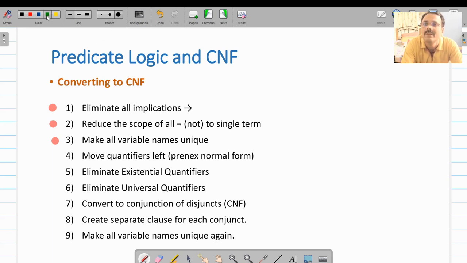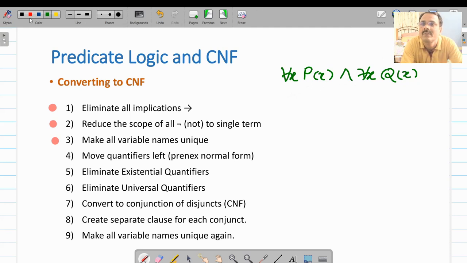For example, suppose we have for all x with the predicate P of x, and somewhere else we have for all x with another predicate Q of x, and this x is different from that x. This step says that you make all these variable names unique if they are used for different purposes.